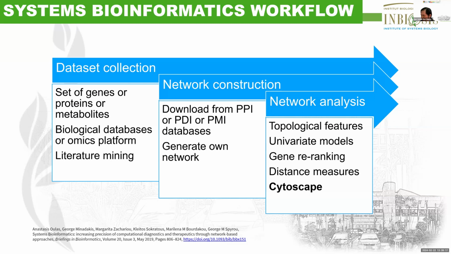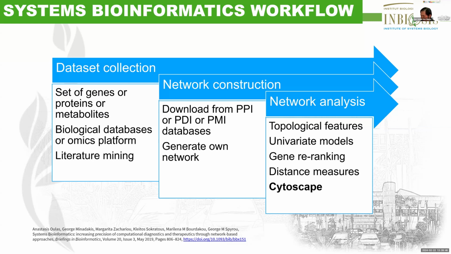And lastly, we do some kind of network analysis. This is just some examples of the analysis that can be done. It can be a simple topological features analysis, which counts the number of edges. Then based on the number of edges, the number of interactions between the nodes, the analysis tries to cluster into smaller clusters, and basically we can identify hub genes, for example.